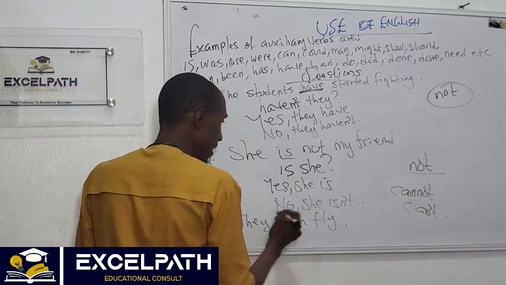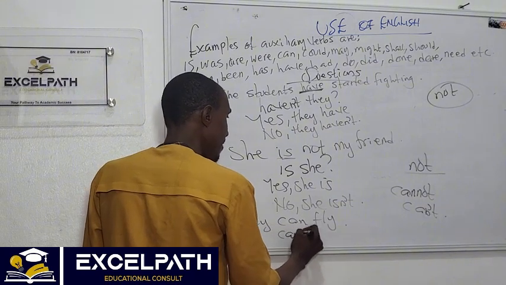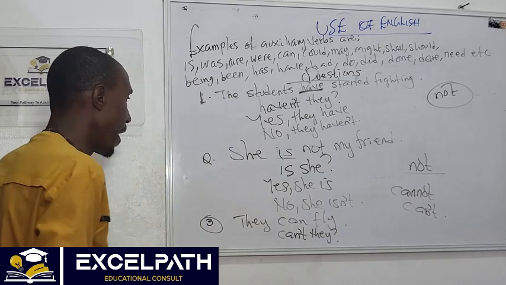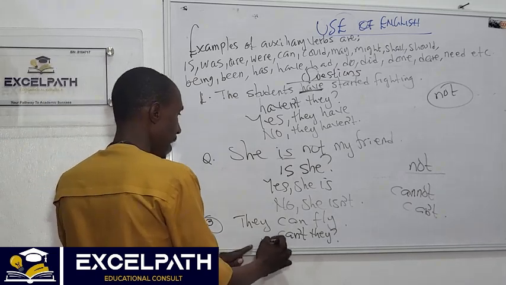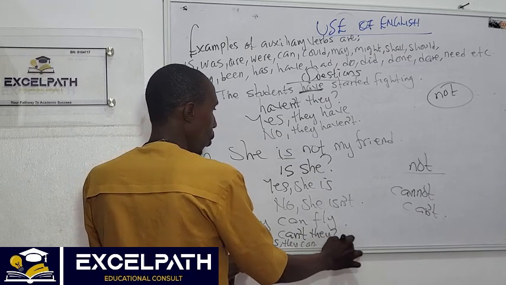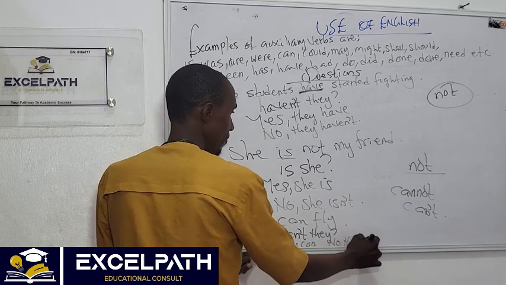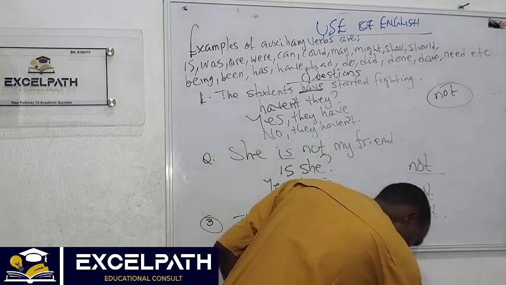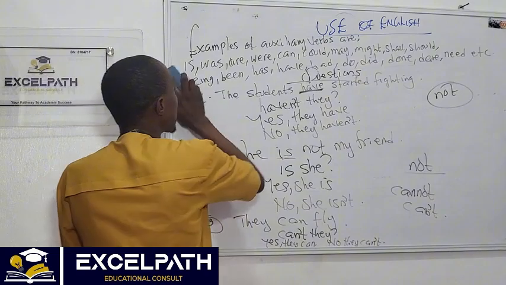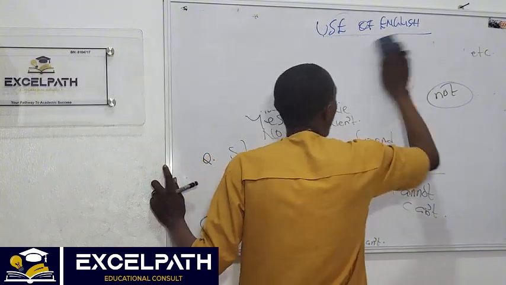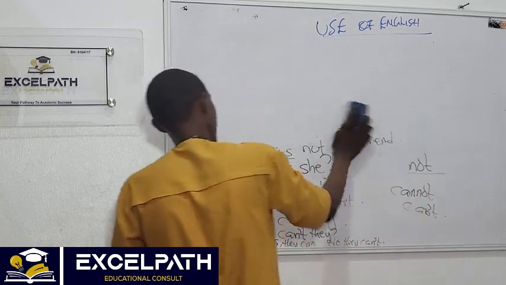So the answer is they can fly, can't they? Yes, they can. And no, they can't. So these are ways by which you get your answers under question tags.